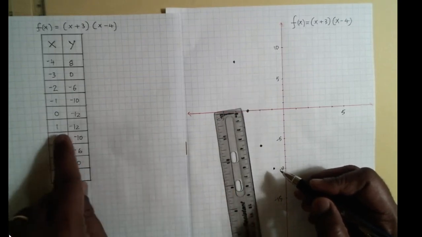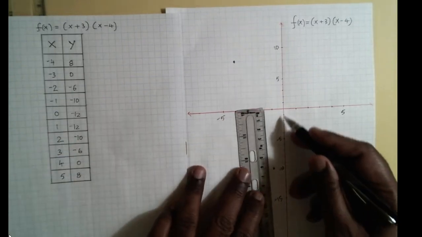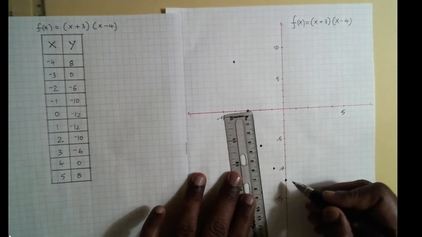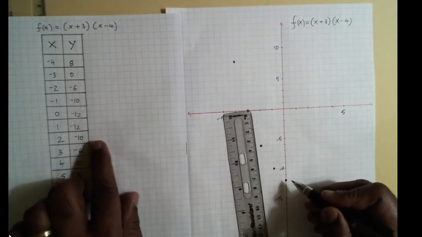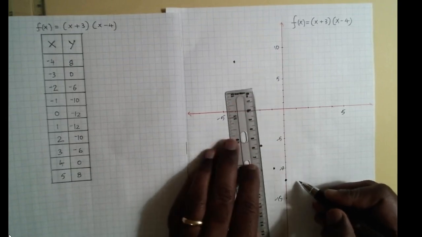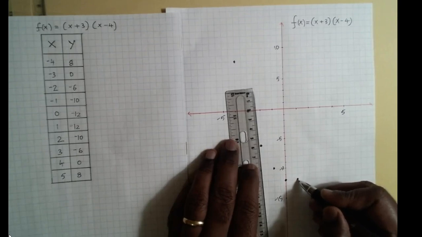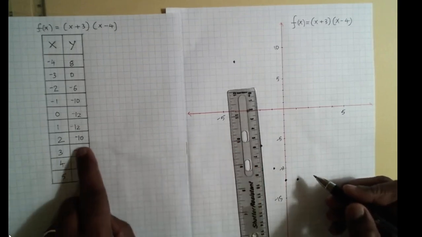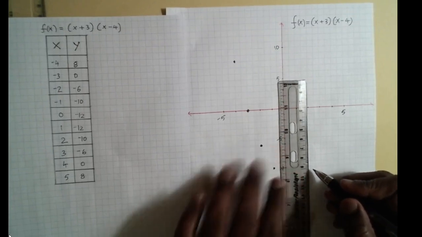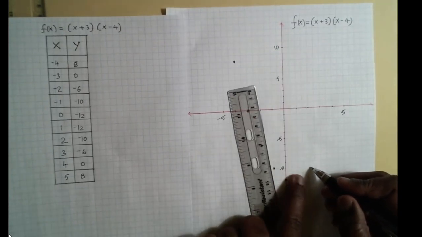Then 0 takes -12: 10, 11, 12. After 0, 1 also takes -12. Then 2 goes to -10.